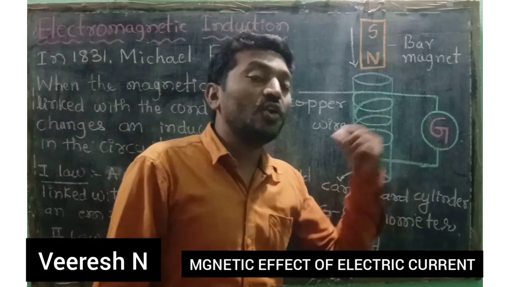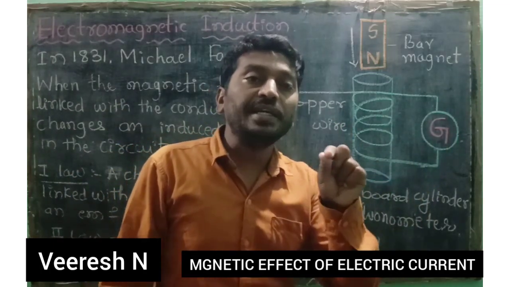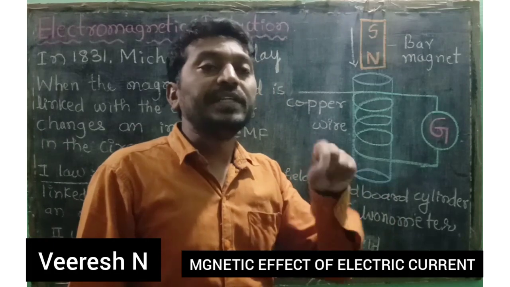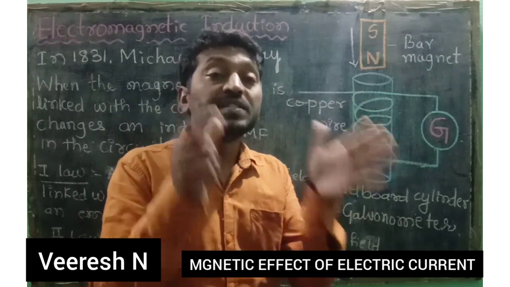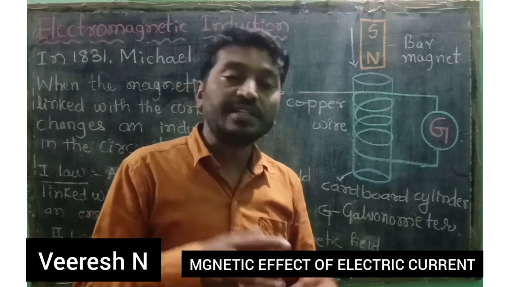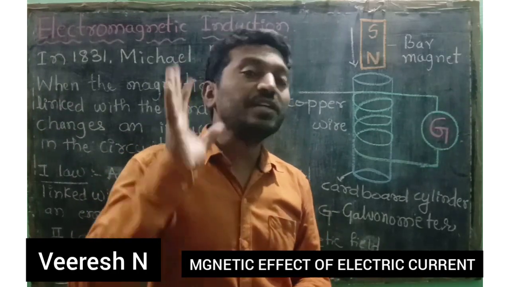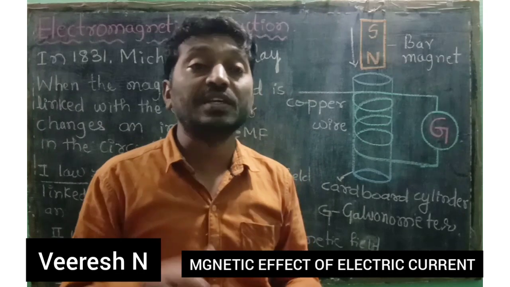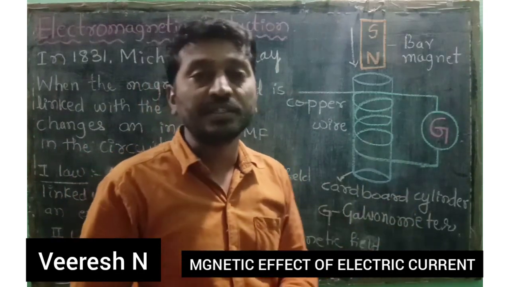Here, what is a galvanometer? A galvanometer is an instrument used to find out the presence of electricity. It is a device used to check the presence of electricity in a coil or in a conductor.